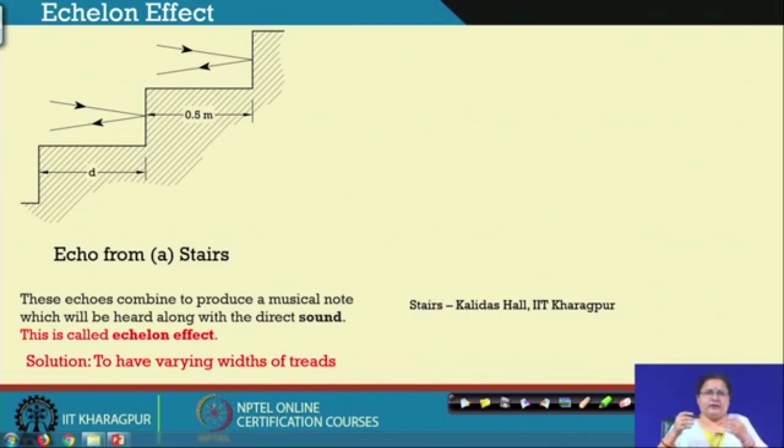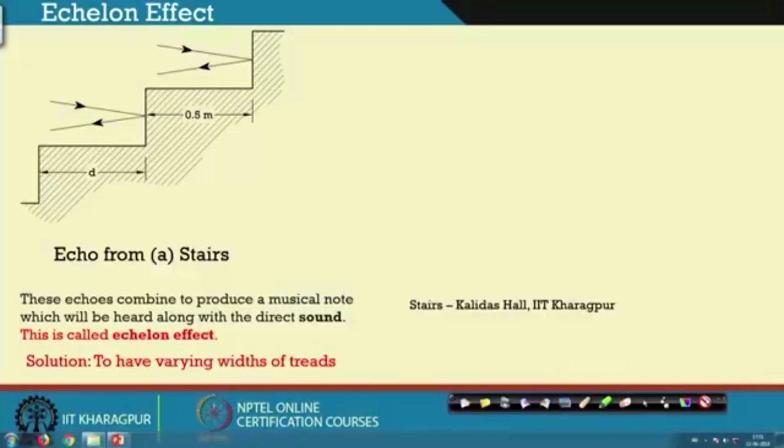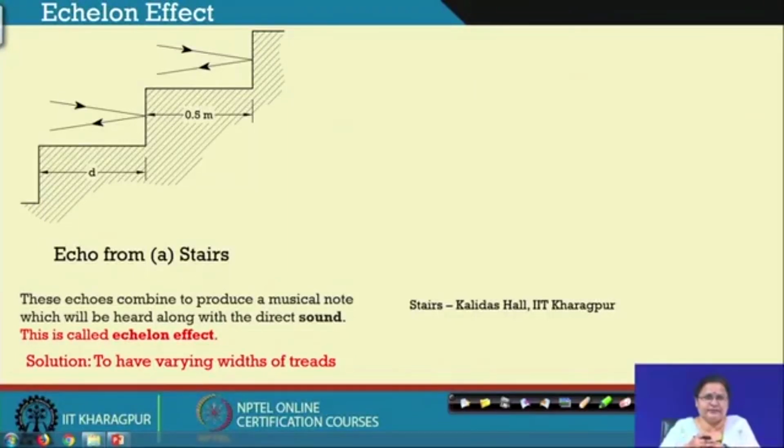When you have this rise or the treads with which you are going up in a very regular way, which we discussed in the second last slide, you see that this regular hitting and going back of the sound at a very regular interval of time and at a regular interval of distance creates a regular phase difference and an echo while the sound is going back.